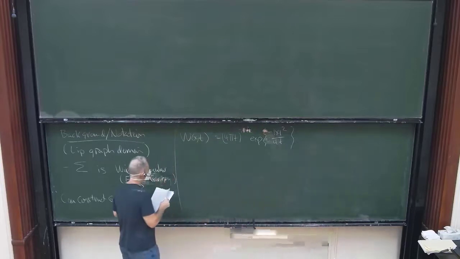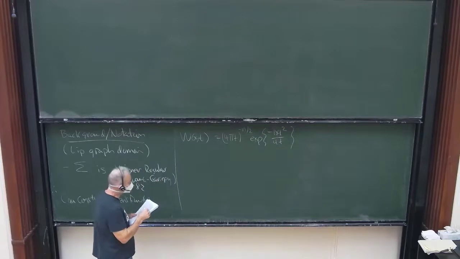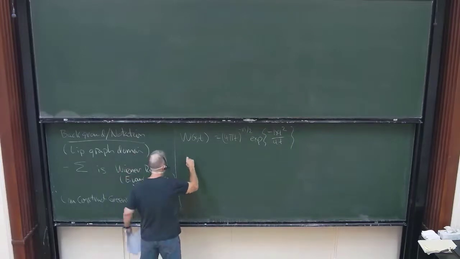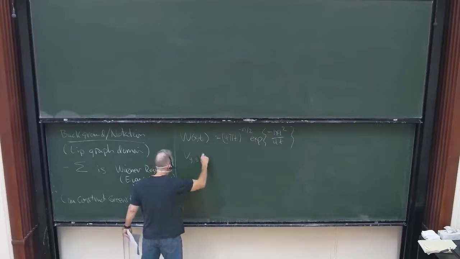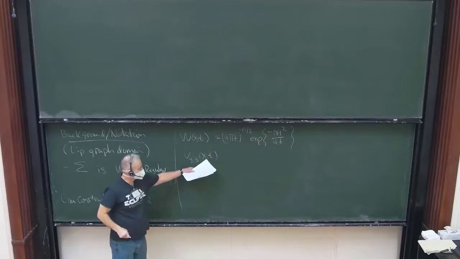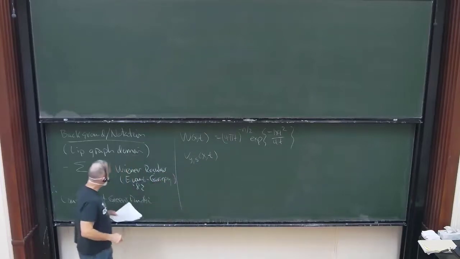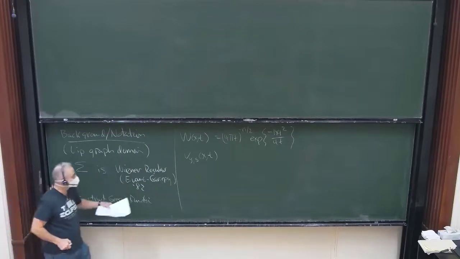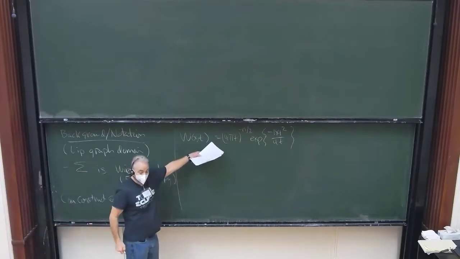And then we're going to define auxiliary solutions, let's say v sub ys of xt. So this is going to be a caloric function in xt, and it's solving the Dirichlet problem for continuous data using this as the data.